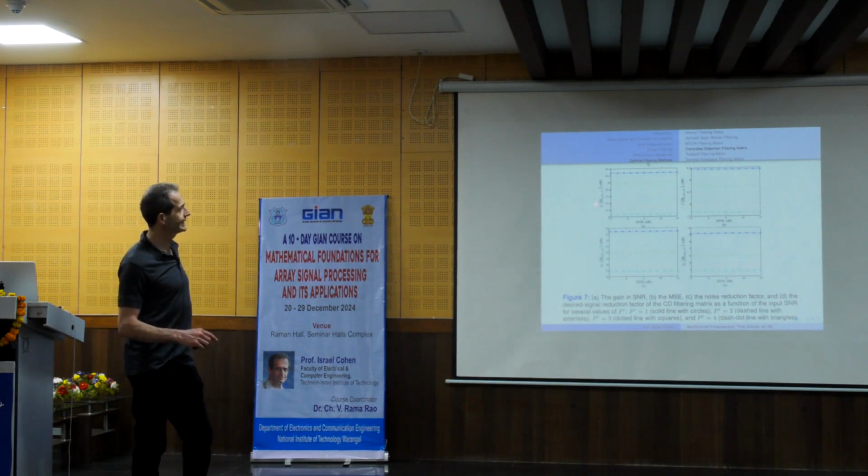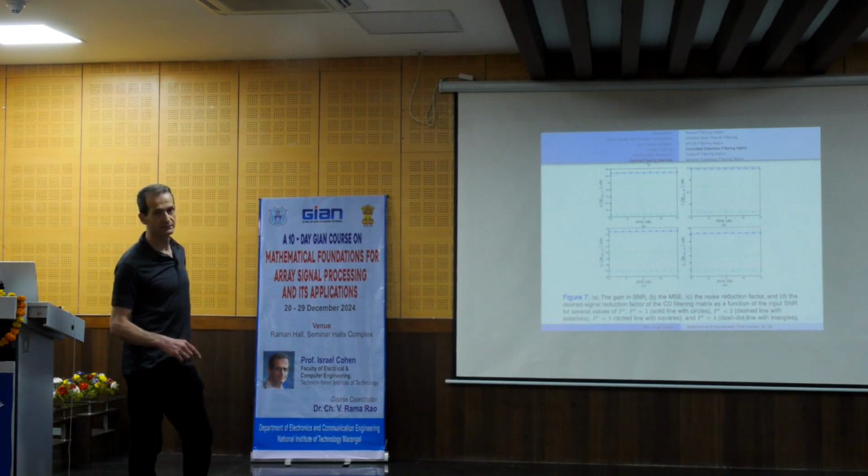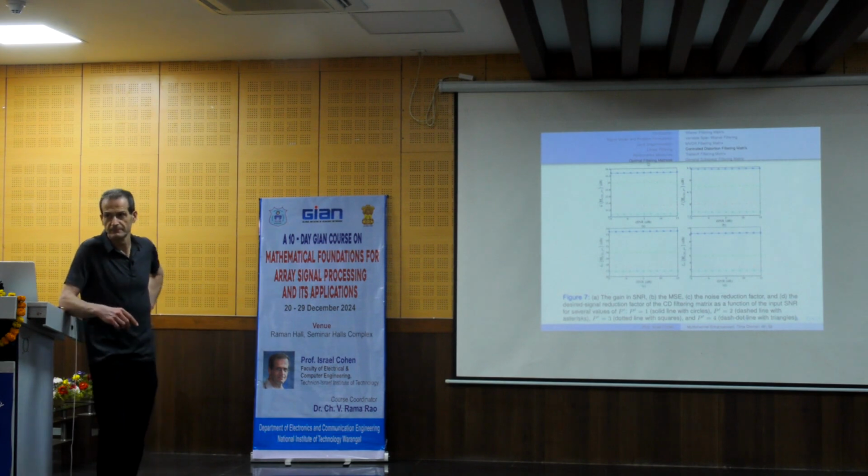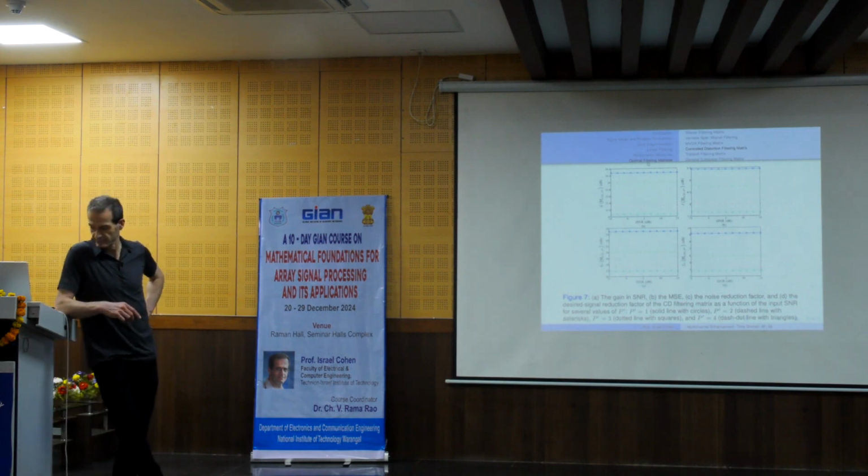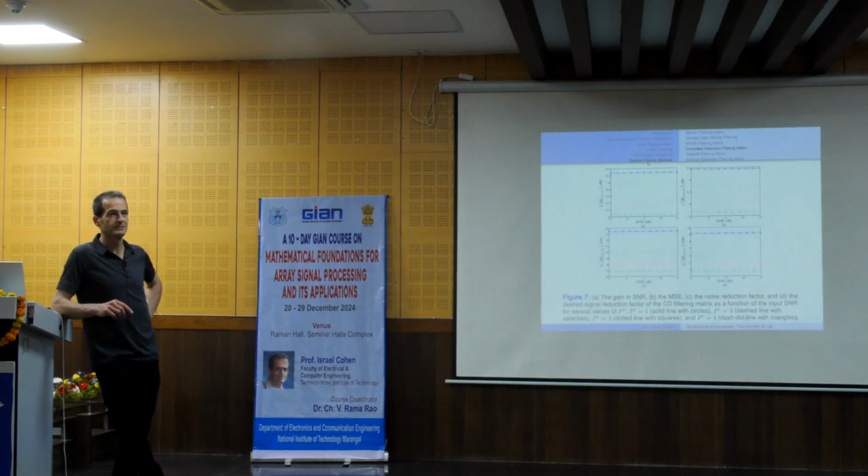If I compare the gain in SNR as a function of input SNR, one using the controlled distortion filtering matrix with P prime equals to 1, compared to the variable span with Q equals to 1, which one will generate higher gain in SNR? Okay, simple question.